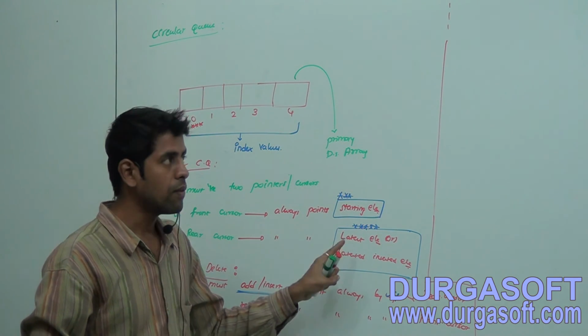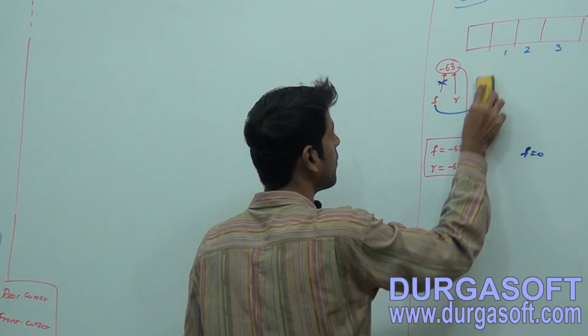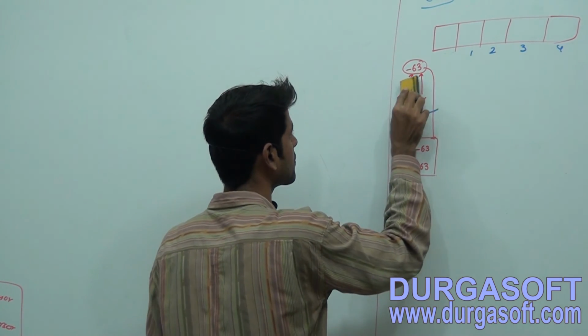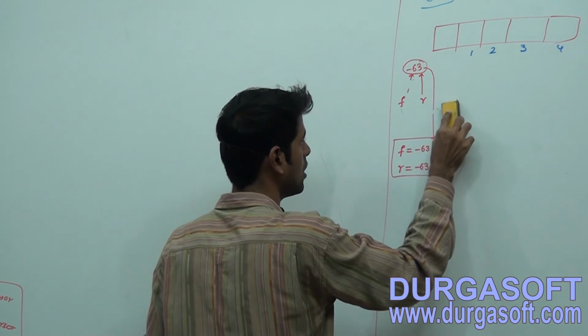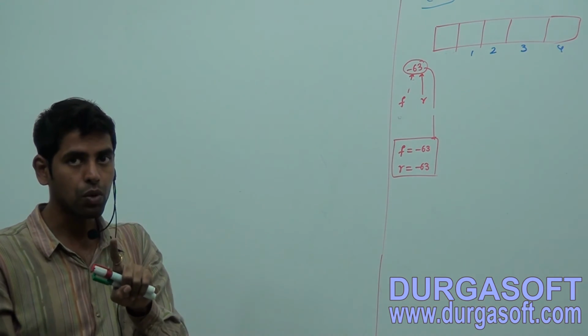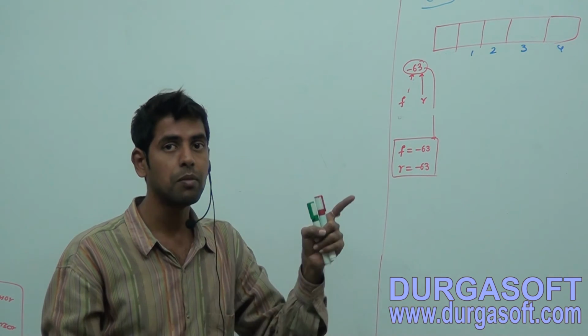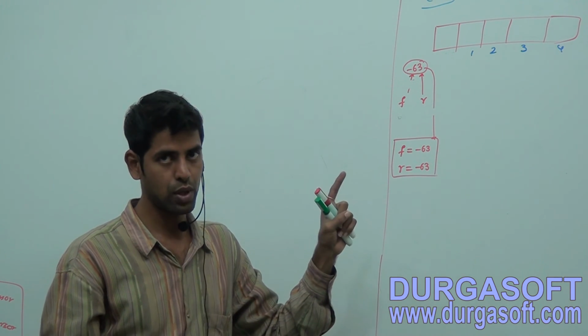Now front has the value minus 63. So if front value is greater than or equal to 0, it gives us the sense that elements exist.